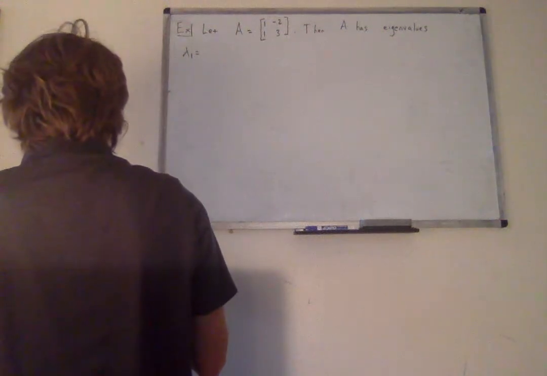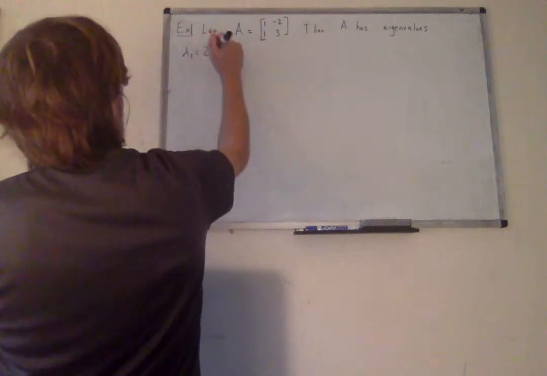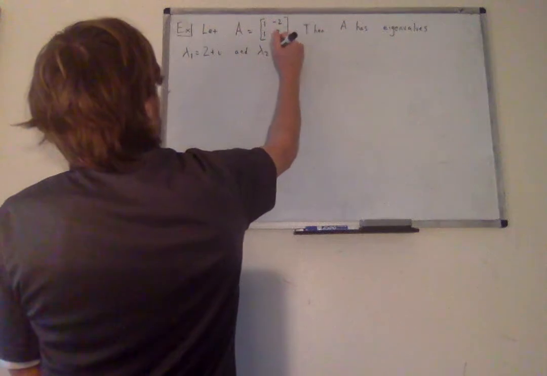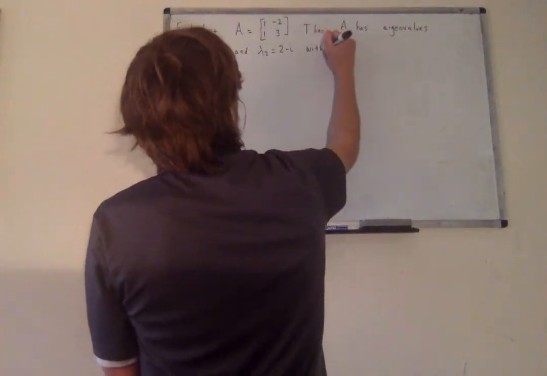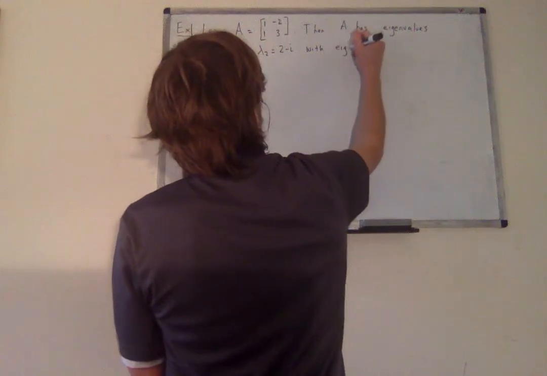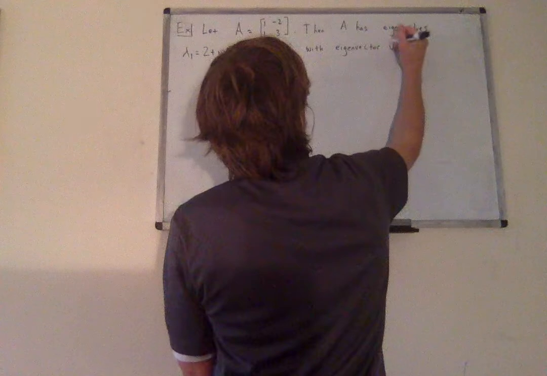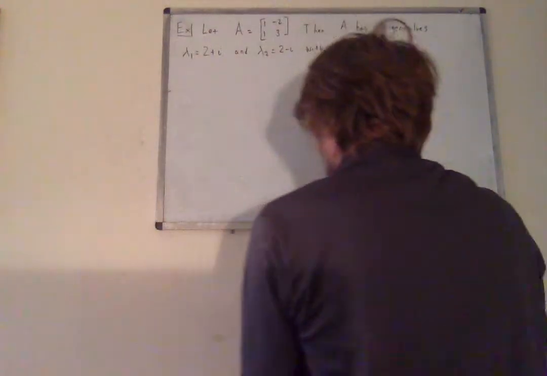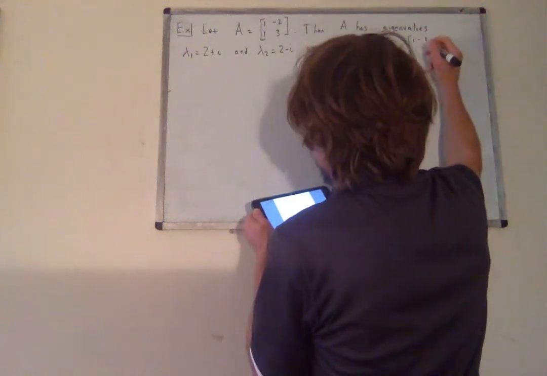This is the eigenvector for 2 plus i, and the other eigenvalue was 2 minus i. Actually, it doesn't matter which for the purposes of this example, but v1 corresponding to lambda 1, the eigenvector, was equal to i minus 1, 1.